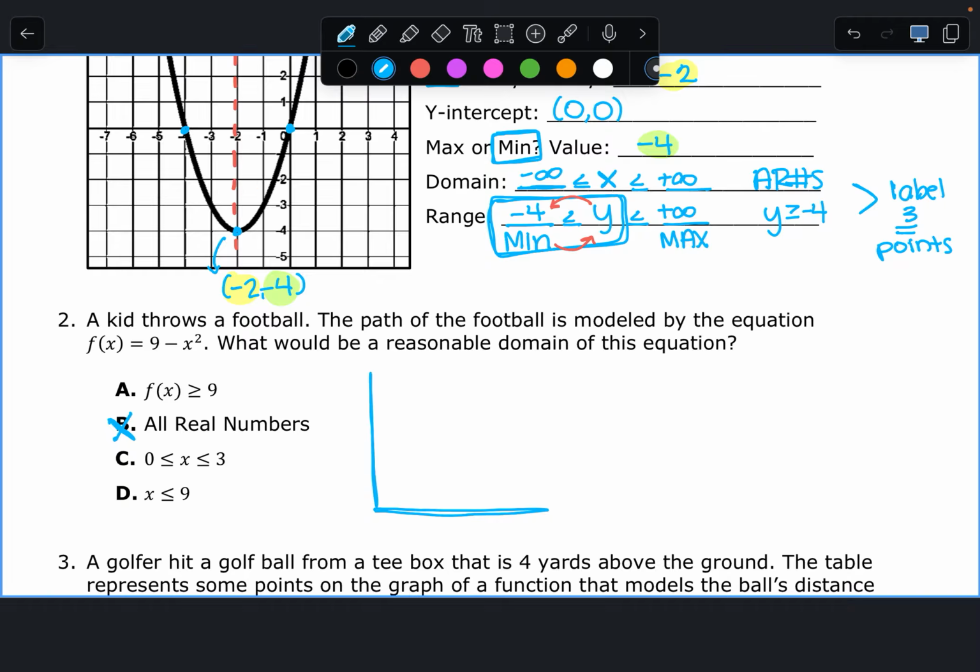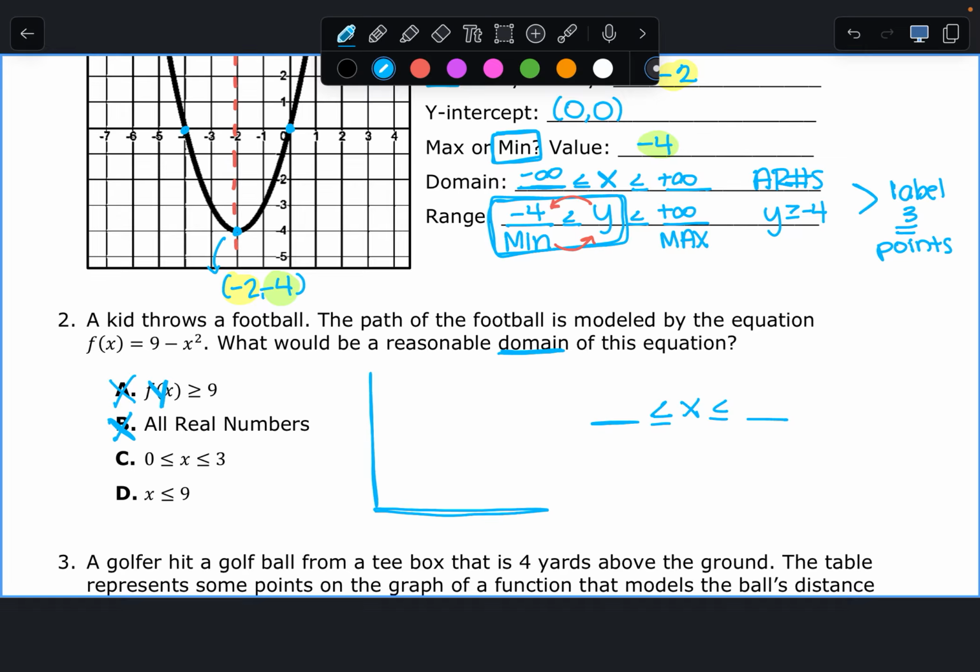Second part, the question is asking us for the domain. And domain is which values? Your x values. And if we're looking for the x values, it cannot possibly be answer A. f of x is another way of having a y. Get rid of that. Parabolas, you're going to label 3 points: the y-intercept, the vertex, and the x-intercept.